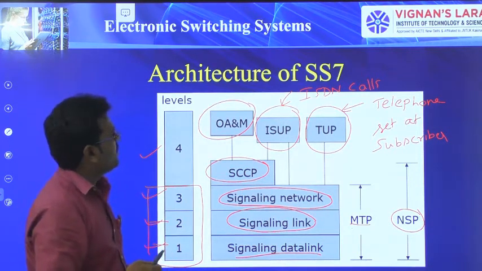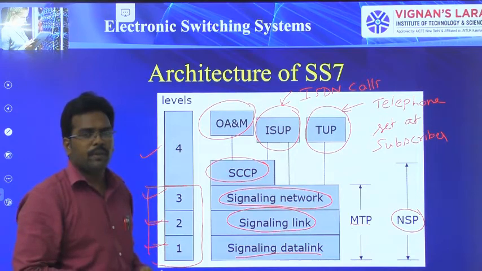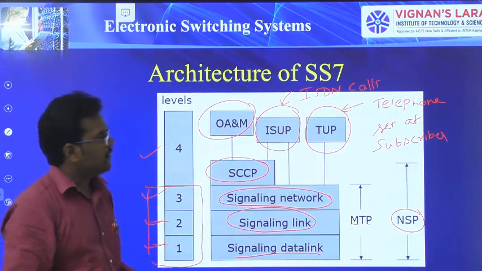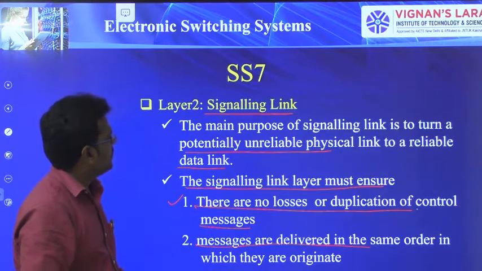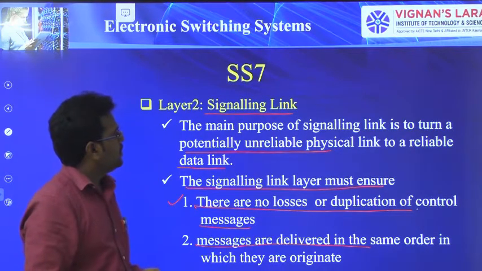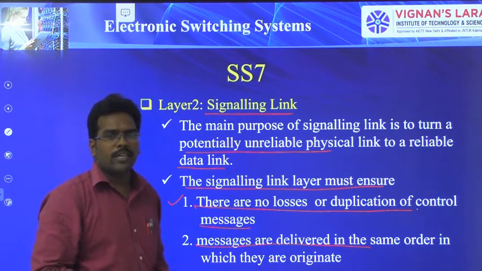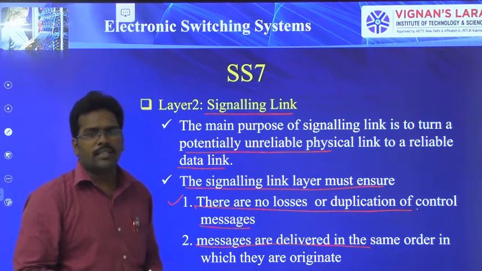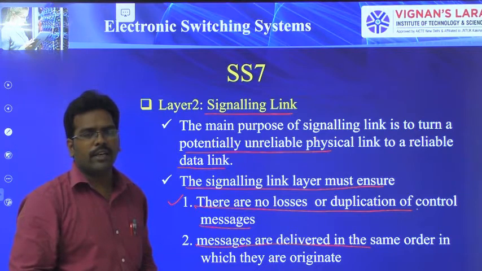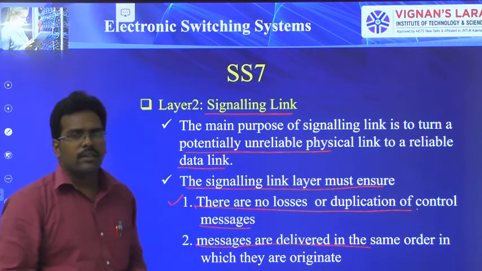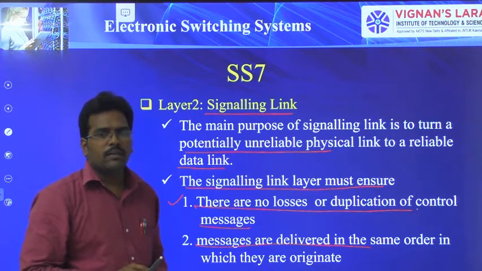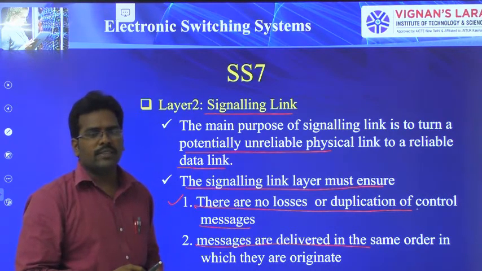So this is about the architecture of SS7, which is common channel signaling, using SS6 and SS7 signaling standards specified by CCITT. In the next class, we will discuss the remaining topics. Thank you.